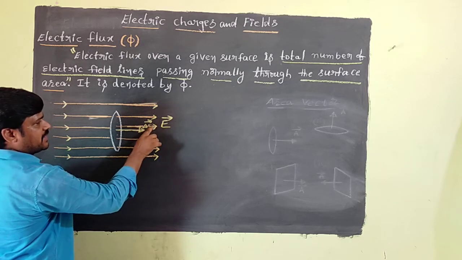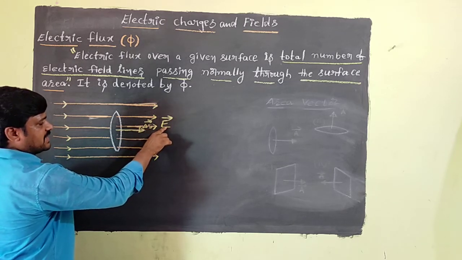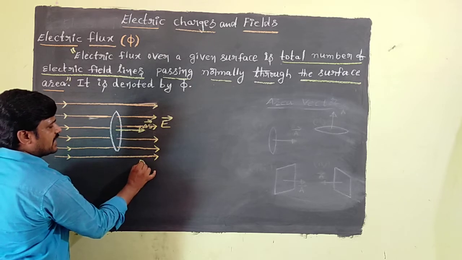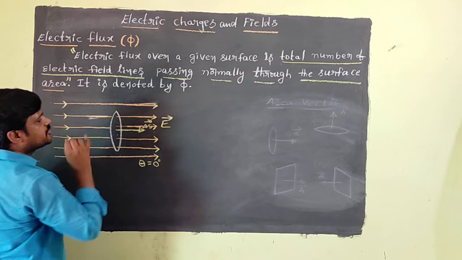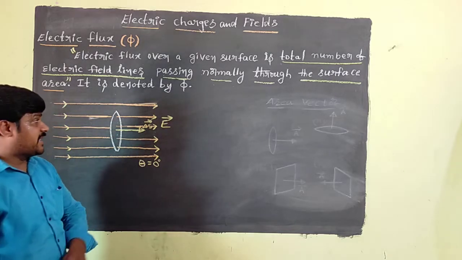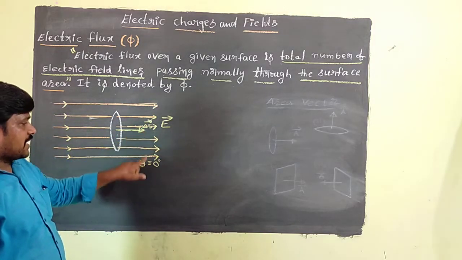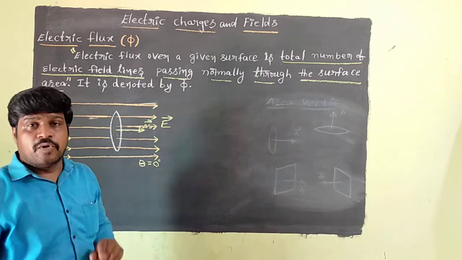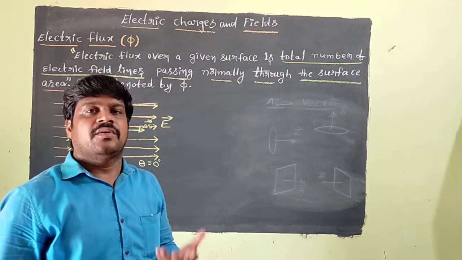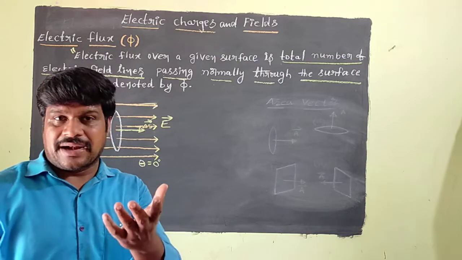Here the area vector and electric field are both in the same direction. So the angle between the electric field and area vector is 0 degree. Why? Because both vectors are in the same direction. If both vectors are in the same direction, those are parallel vectors.